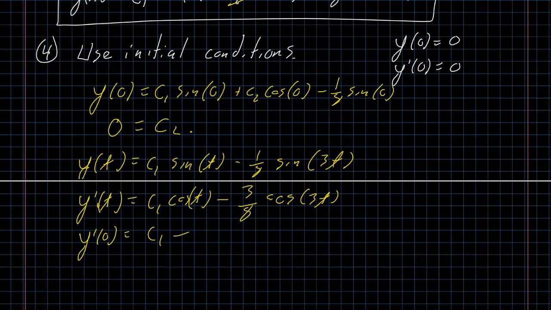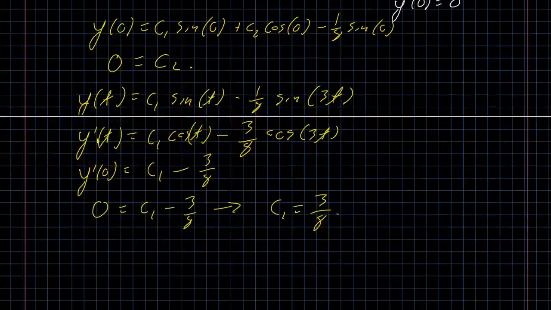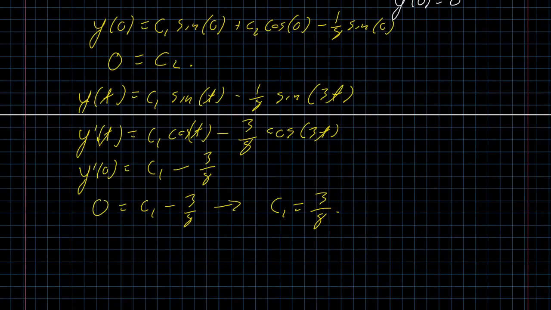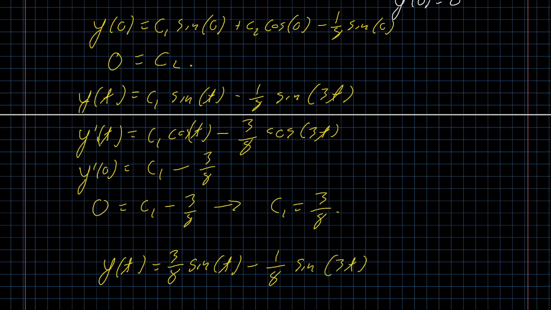Cosine of 0 is still 1. That gives me that c1 is 3/8. Plug that back into my solution, and I get that y of t is 3/8 times the sine of t minus 1/8 times the sine of 3t.